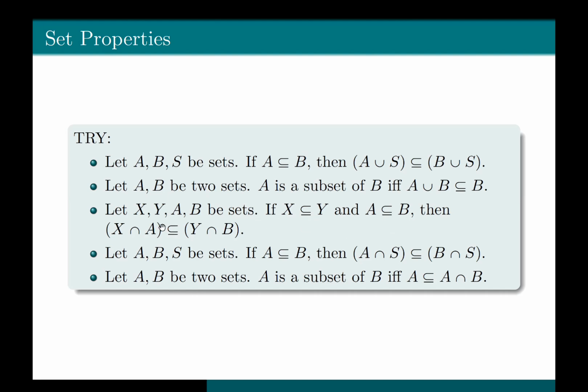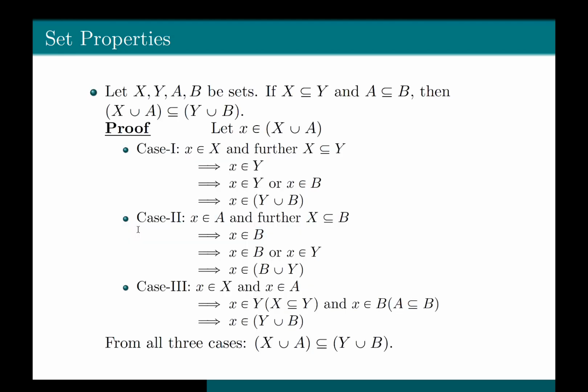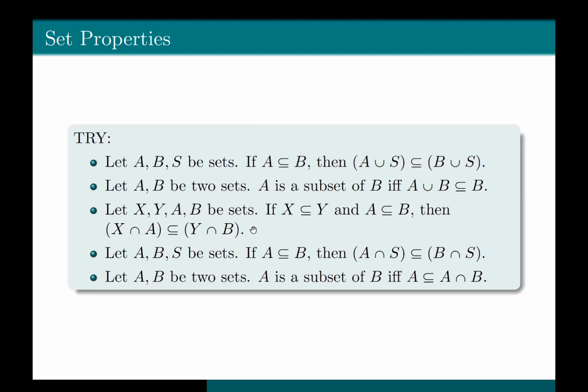The proof follows similarly to how you proved this. So this is that if X is contained in Y and A is a subset of B, then X union A is a subset of Y union B. Here in the third, we have that X is a subset of Y and A is a subset of B. We just have to prove that the intersection of X and A is a subset of Y intersection B.